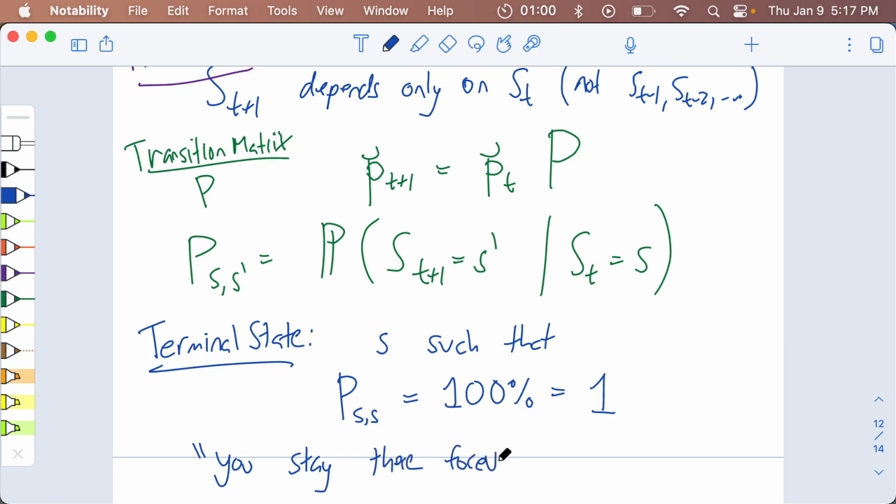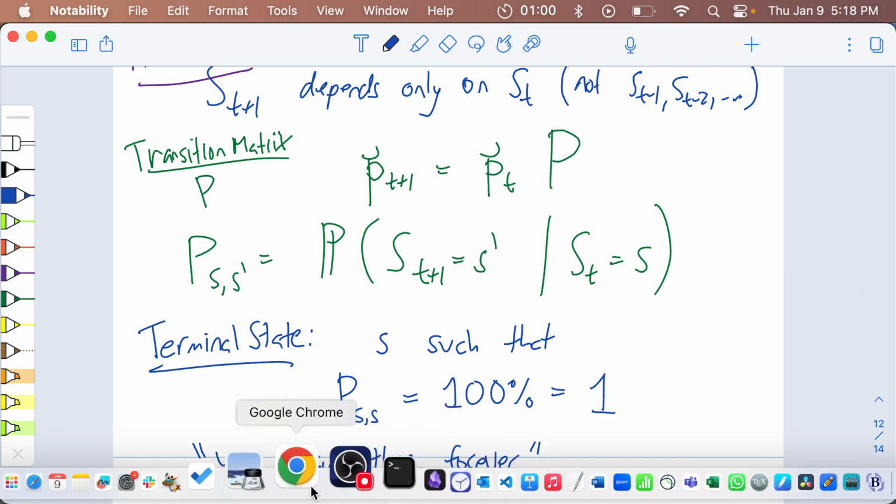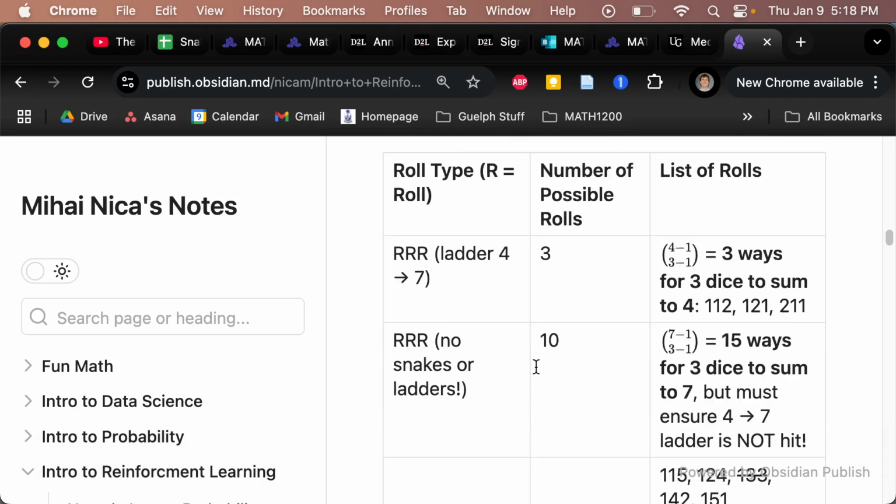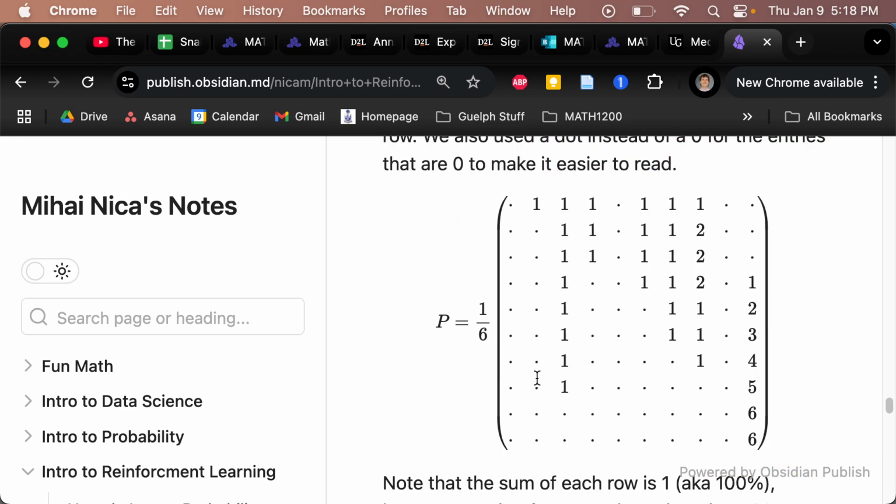Because you stay in a terminal state forever, you can stop your game and say, okay, we know it's over. Nothing interesting is going to happen once you're in the terminal state. And we saw that on our matrix because the 9,9 entry of the matrix is 1.